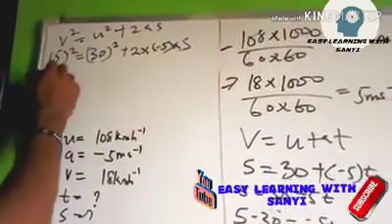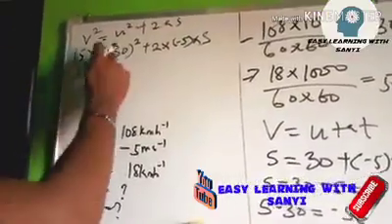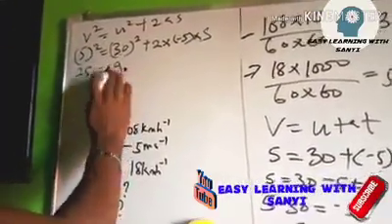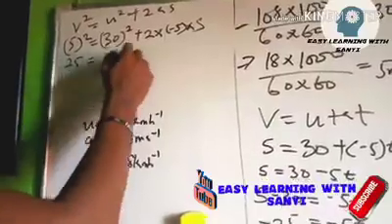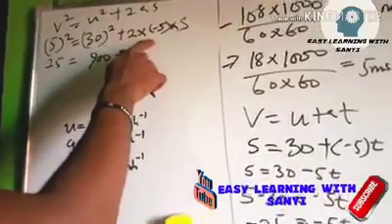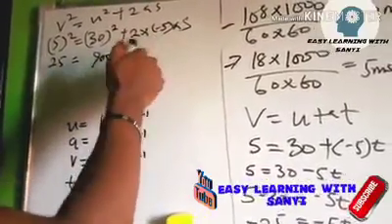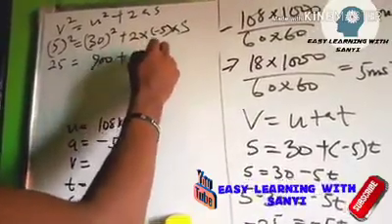So now here we know that 5 squared is 25, is equals to 30 squared, which is 900, plus 2 times minus 5, that is minus 10s.